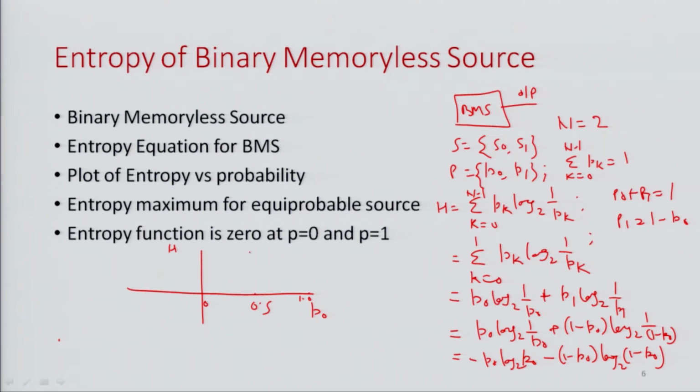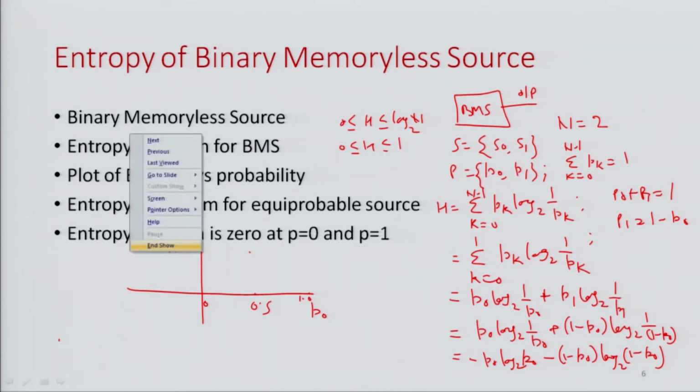Then this plot, as per the bound, H is bounded between 0 and log base 2 of n. Here n is 2, so log of n is 1. So, H is bounded between 0 and 1. Now, its value is 1, suppose here.